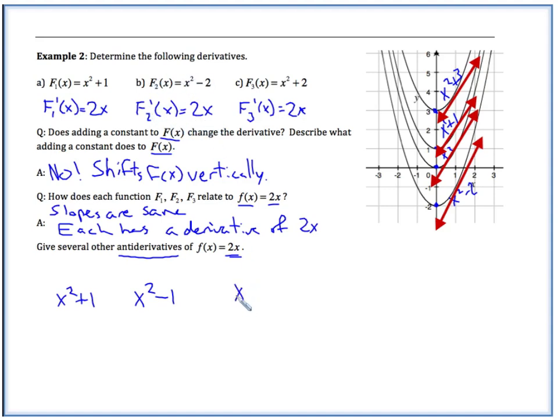Could have also been x squared plus 2 from this example. This graph right here, notice the slope is still going to be the same, so x squared plus 3 would work. Really, any x squared plus any constant could be an antiderivative of 2x.